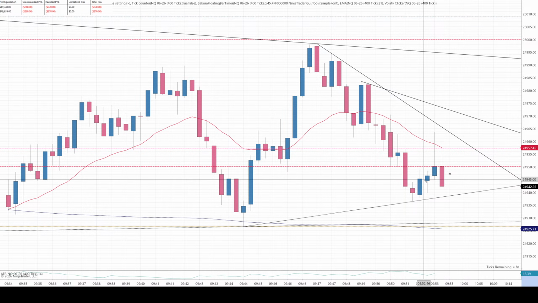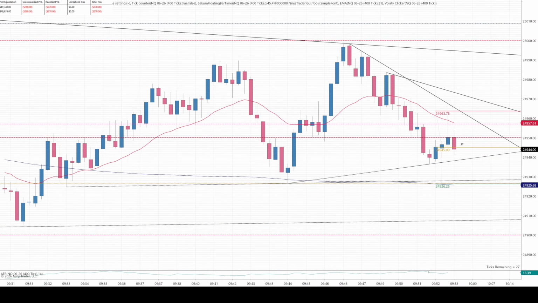Okay, we just got a bearish signal from this inverted hammer. But we have this trend line in the way, and standard deviation in the way, so I'm not going to be taking the bearish setup.